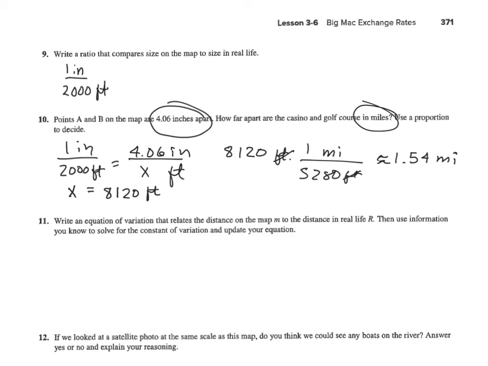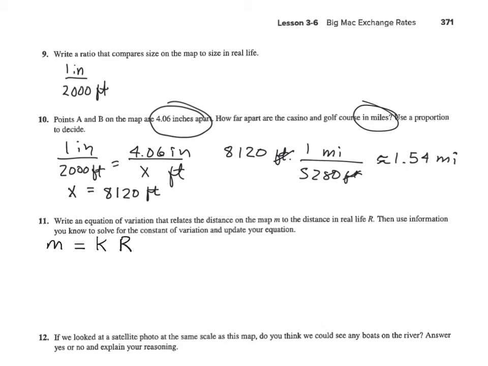Now 11 asks us to write an equation of variation that relates the distance on the map, m, to the distance in real life. Then use information you know to solve for the constant of variation and update your equation. I'm not really sure this is a wonderfully written question here. Let's just go with the distance on the map varies directly as the distance in real life and go from there.